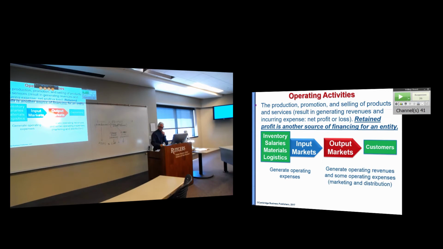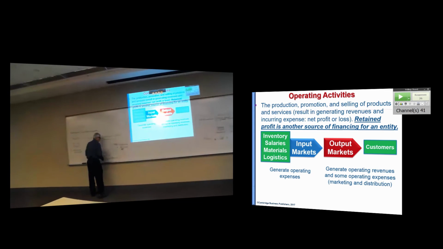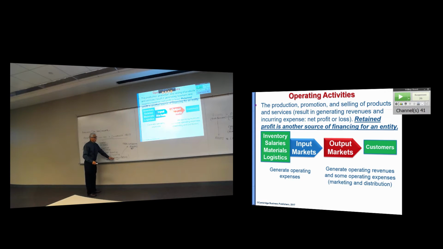And of course, we know that we have to generate revenue, and to do that we have expenses. We'll talk about those expenses, salaries, materials, cost of logistics, and then of course we supply them to customers. So we've got revenues and expenses that would result in income. Now, retained earnings is the historical record of the company's income that was not distributed as dividends. Retained earnings are revenues minus expenses, or operating profit, that was not paid out as dividends.